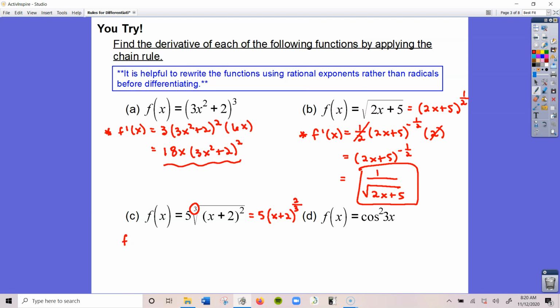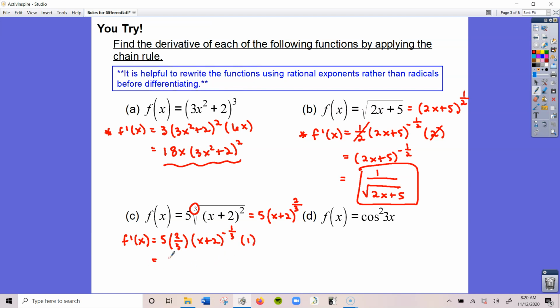So this would be x plus 2 raised to the 2 over 3. So when I find my derivative, that 2/3 comes to the front, gets multiplied with the 5. So 5 times 2 over 3 times x plus 2. I'm going to subtract 1 from the exponent, so negative 1 over 3. And then times the derivative of the inside, which is just 1.